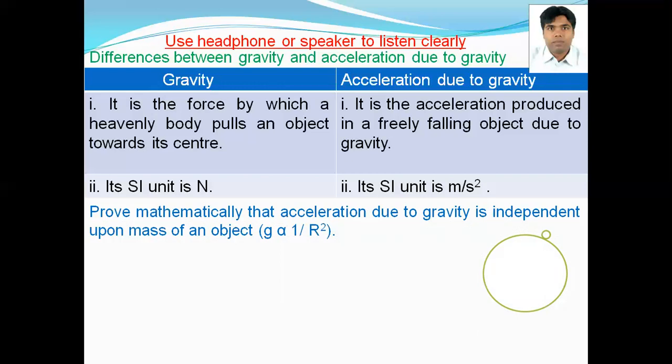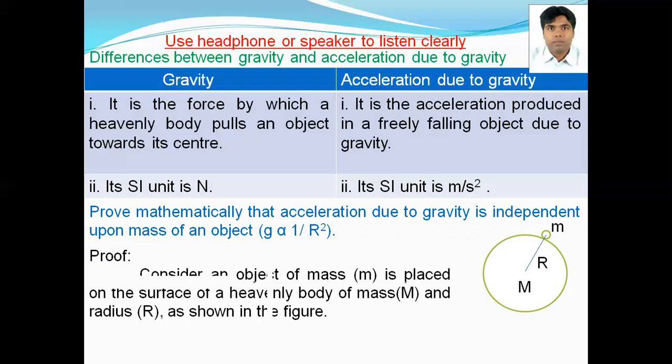In comparison to the size of the heavenly body, the size of the object is negligible. Its radius is negligible, and that's why the radius of the heavenly body is the distance between the heavenly body and the object. The distance is r. Mass of the heavenly body is capital M, and mass of the object is small m.